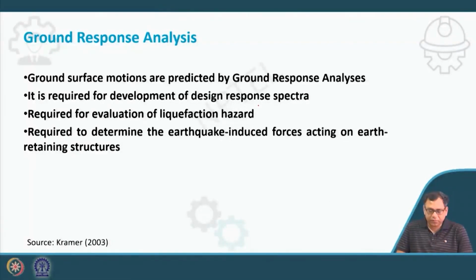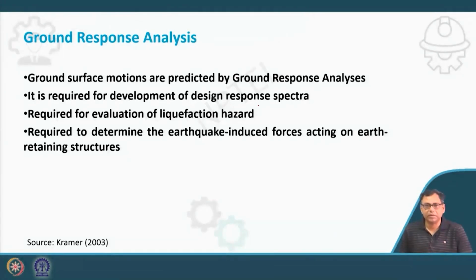It is required for development of design response spectra, because I have discussed what design response spectra are. It is also required for evaluation of liquefaction hazard and to determine the earthquake induced forces acting on earth retaining structures. Suppose you have measured the bedrock motion, where your seismograph is placed.